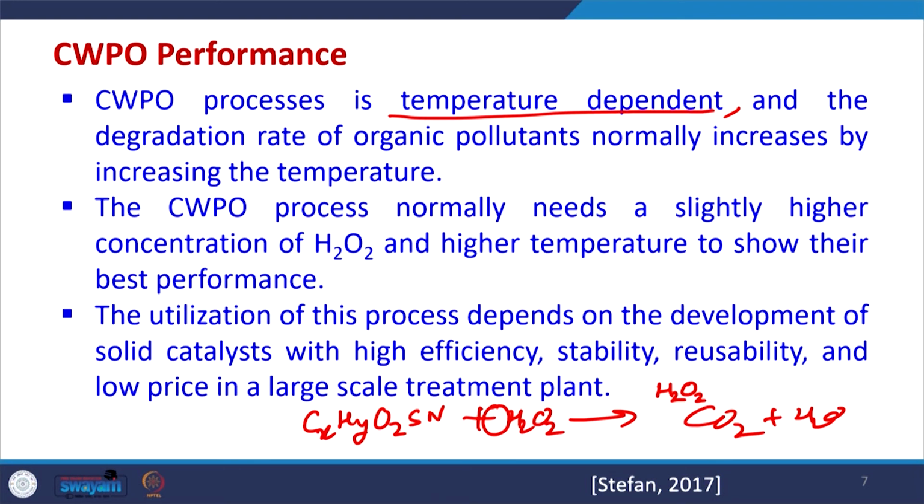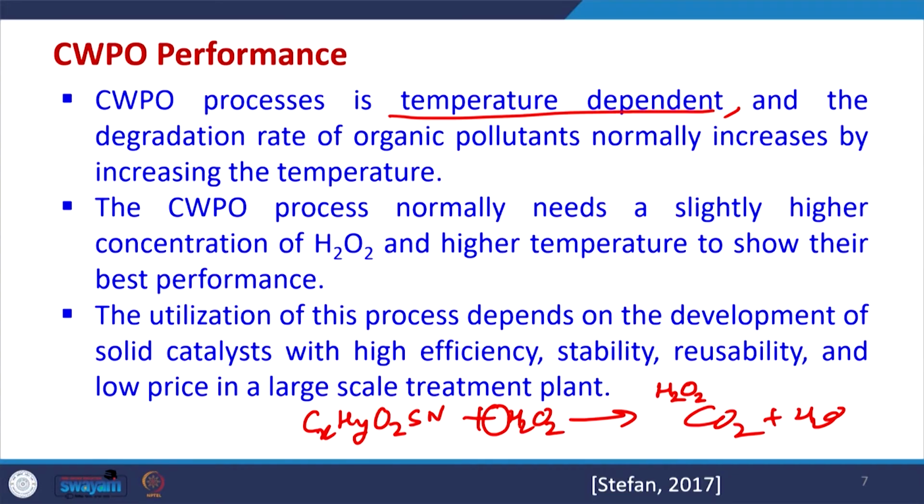Then we test the actual H2O2 requirement with respect to it. This optimization can be done by performing lab scale studies, and after that we can use the usual catalytic reactor design approach for using the catalyst for wastewater treatment.